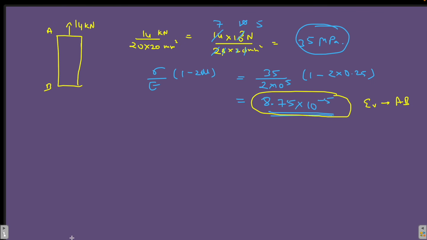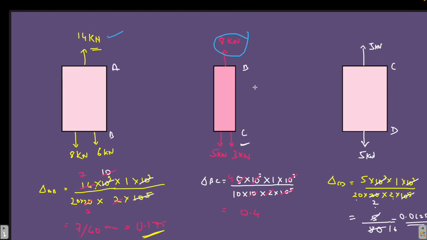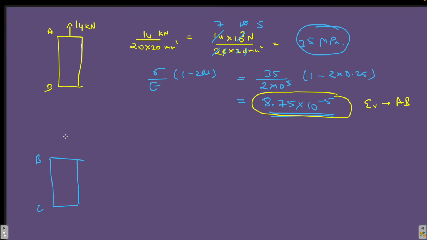Now let's find out the volumetric strain for BC. BC is having a load of 8 kilonewton, and the cross-sectional area is 10 into 10. So 8 kilonewton load is acting, but we have to find out the stress, not just the load. Here the chance of committing a mistake is quite high.